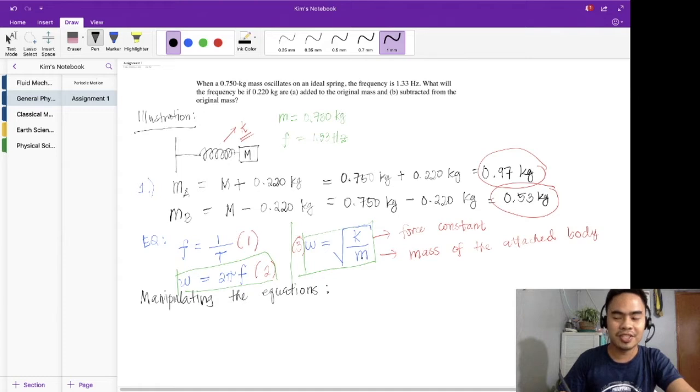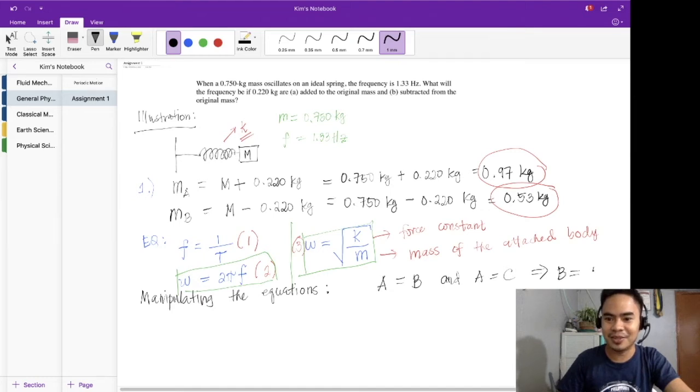It's just like saying A is equal to B, I don't know if you can remember this, and A is equal to C. As a consequence, this implies that B is equal to C.